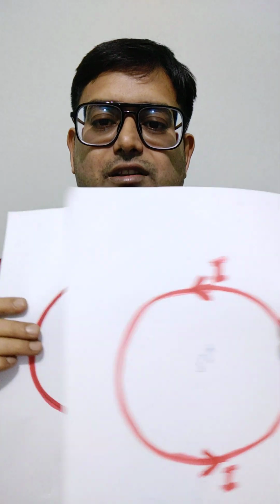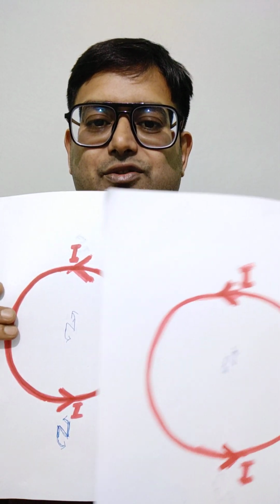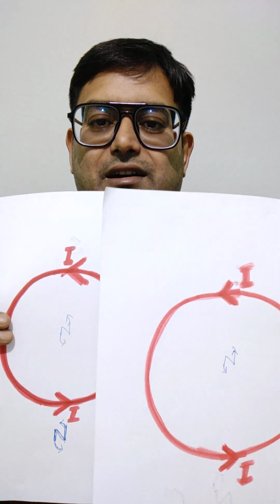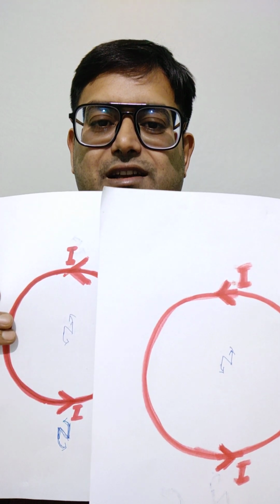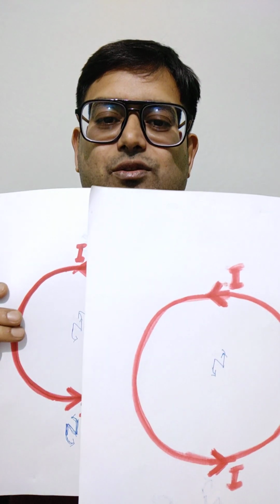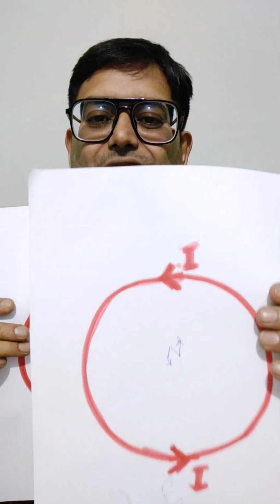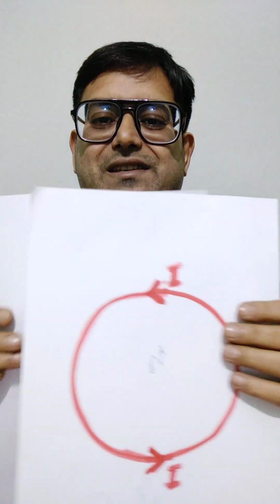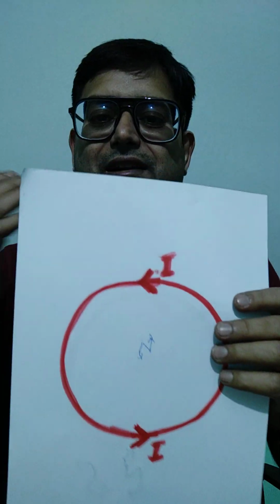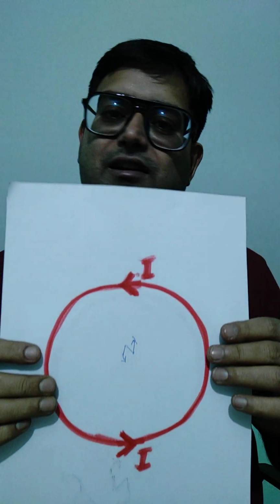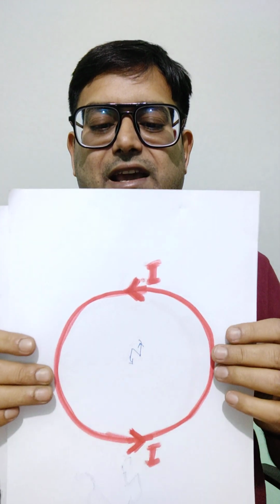One is north, this one is also north. You see both of them give a sense of rotation that is anti-clockwise. So north pole on this, north pole on this. This is how they're stacked on each other, one after the other, very closely packed.